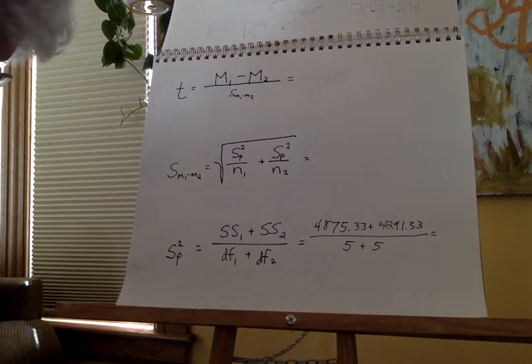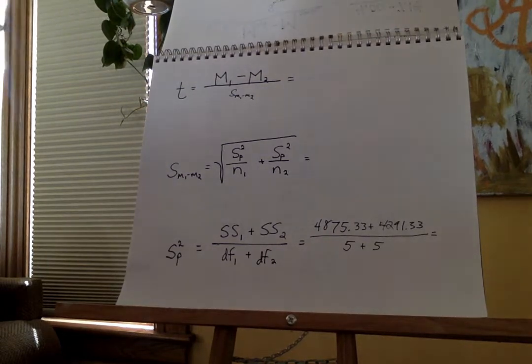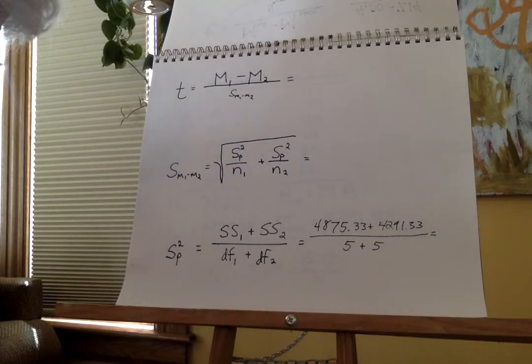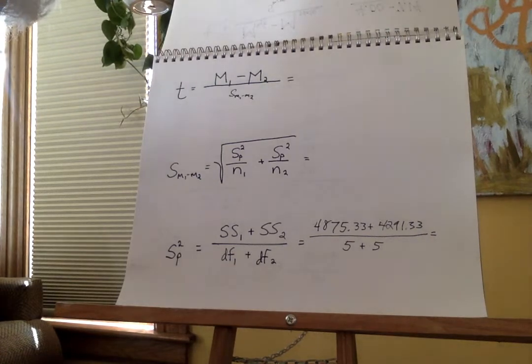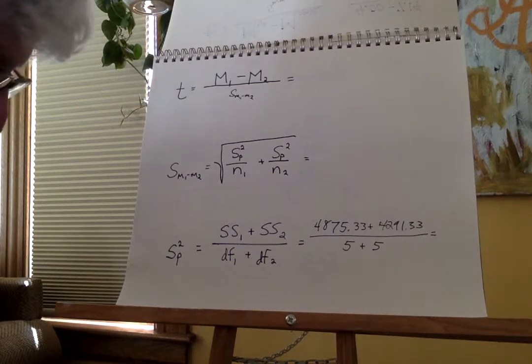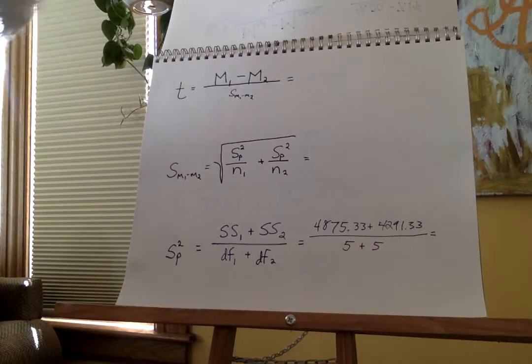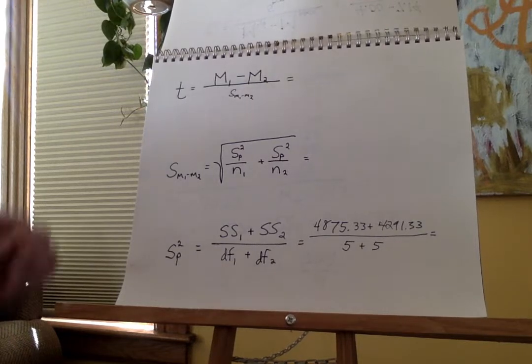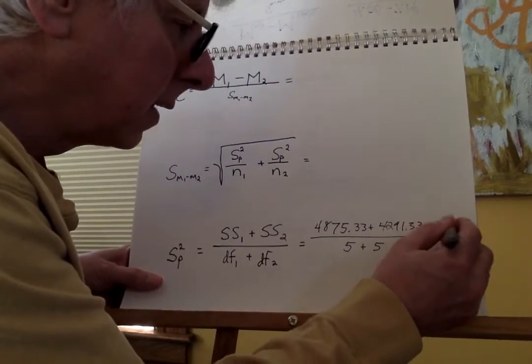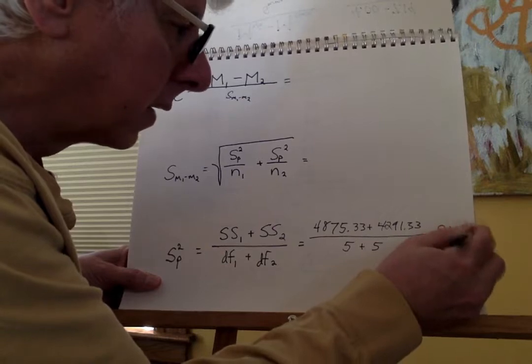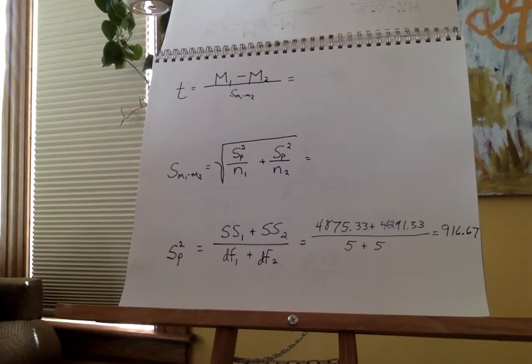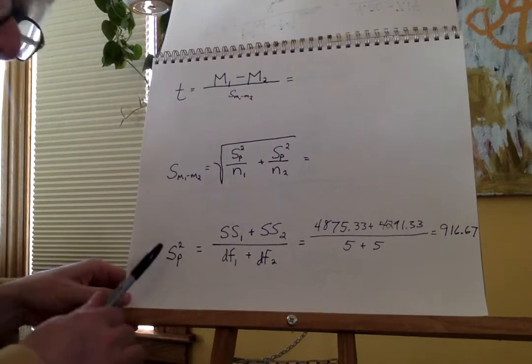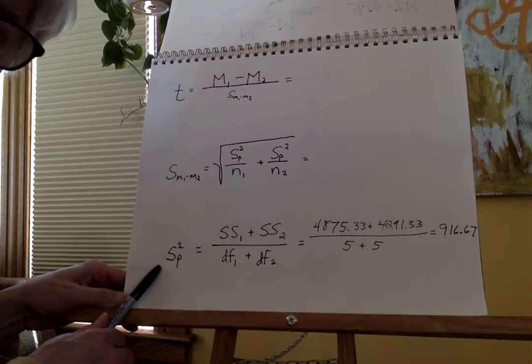We can do that together. 4875.33 plus 4291.33 equals 9,166.66 divided by 10 equals 916.67. Okay? So this is our pooled variance.